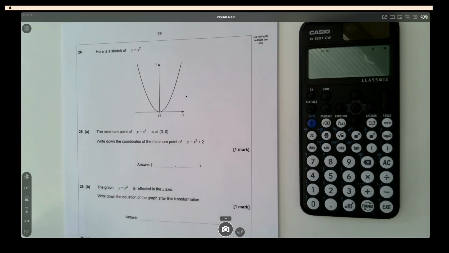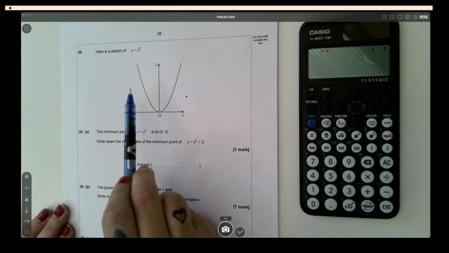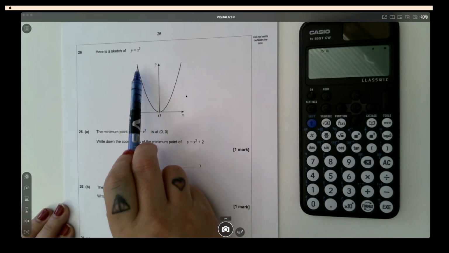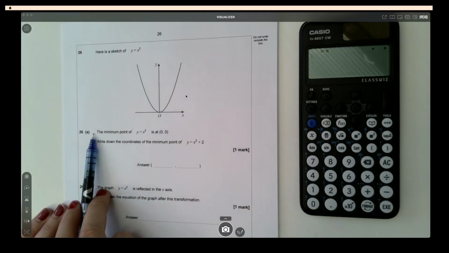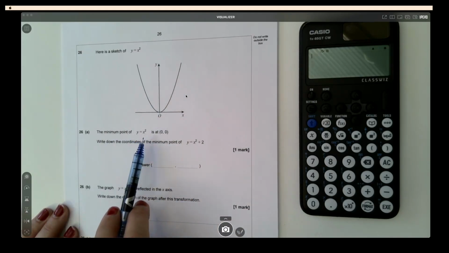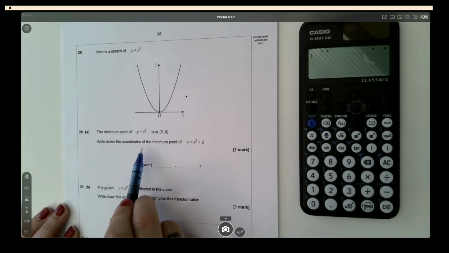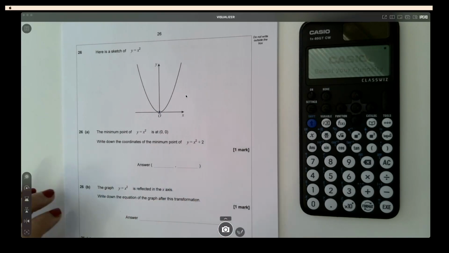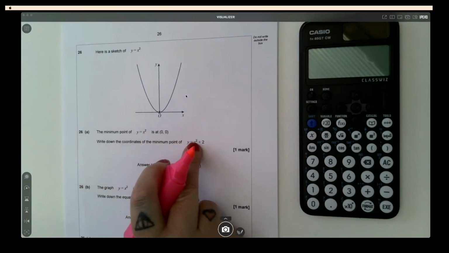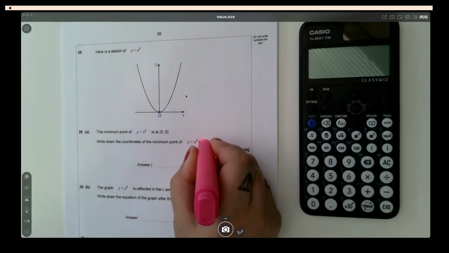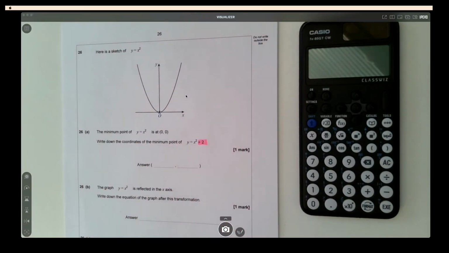Question 26. Here is a sketch of y equals x squared. So we've got that positive x squared curve. 26a, the minimum point of y equals x squared is at 0, 0. So this is 0, 0. Write down the coordinates of the minimum point of y equals x squared plus 2. So what we're looking at is the difference between these two equations. The difference here is that one's got plus 2 on the end.